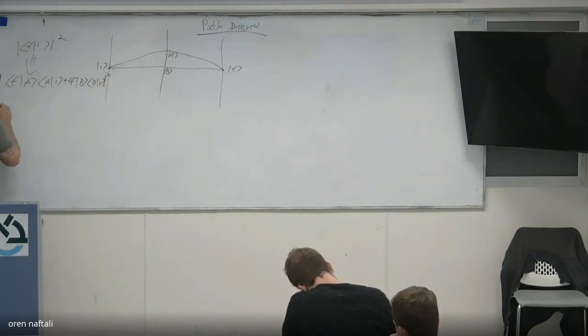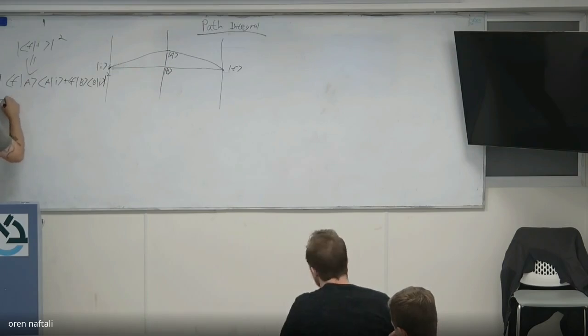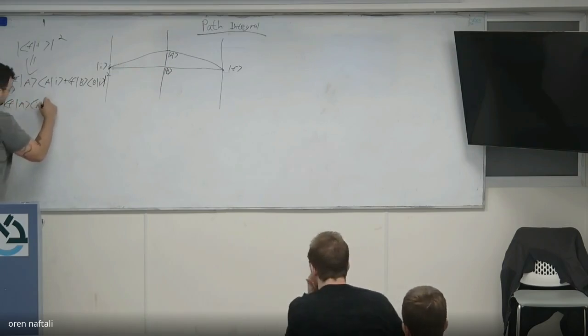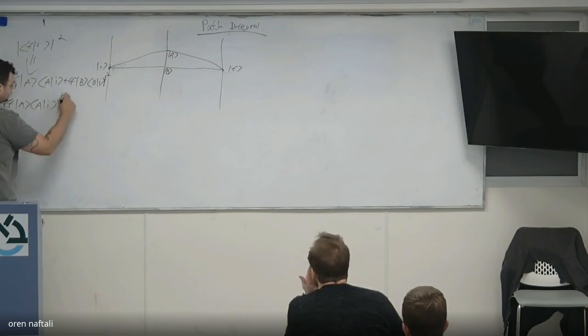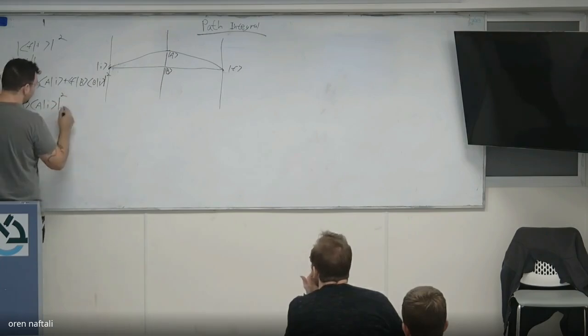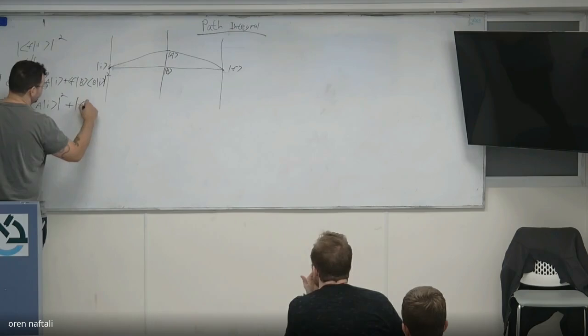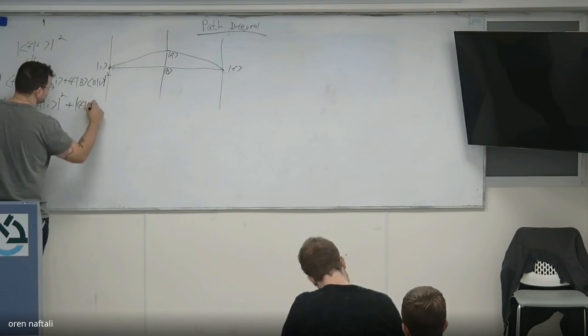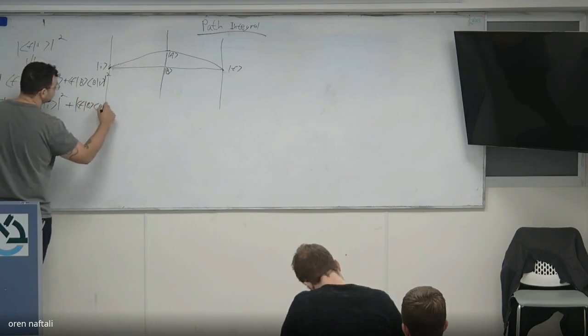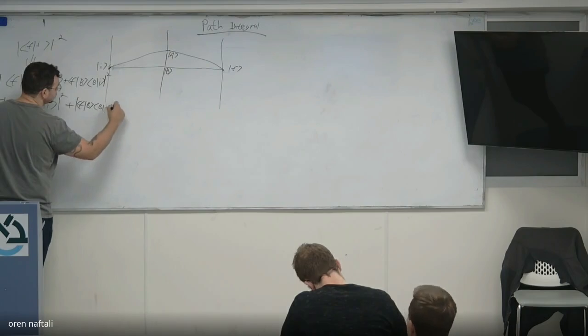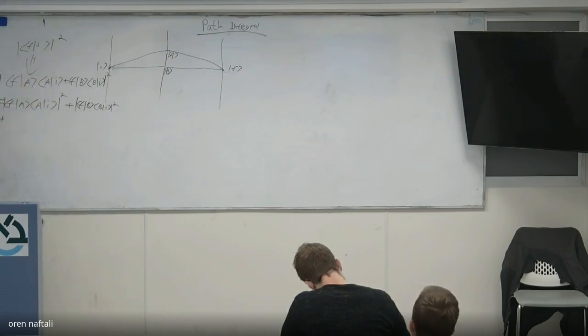Now, if we give this term an absolute value squared, we'll see that we have the probability of going through A, going from I to F, and the probability of going through B. But we also have the cross terms here.